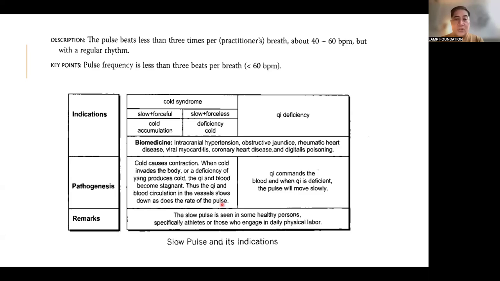Remember, qi deficiency can also give you a slow pulse. Qi commands the blood, and when qi is deficient, the pulse will also move slowly. However, the slow pulse is seen in some healthy persons, specifically athletes or those who engage in daily physical labor.